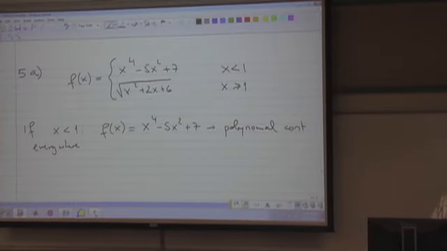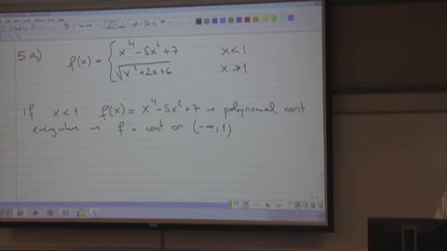As a consequence, f is continuous on the interval minus infinity up to 1. Right? Yes? Yes. Okay. If x is bigger than 1, what happens? What's f of x? The square root of x squared plus 2x plus 6. It's a rational function.